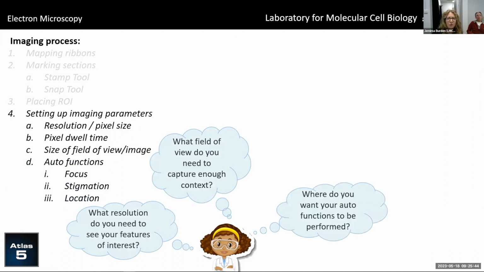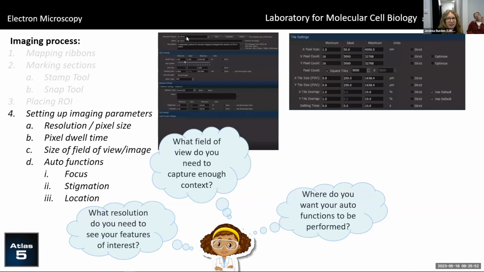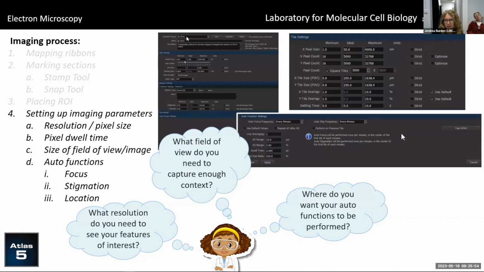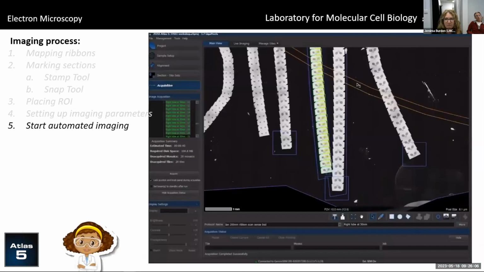And also where you want your auto functions to be performed, because you don't really want your auto functions to be performed on bare resin. Here there are numerous different ways that you can adapt and control this. We've picked up various tips and tricks along the way, but this is mostly related to our software and perhaps less relevant to different manufacturers.